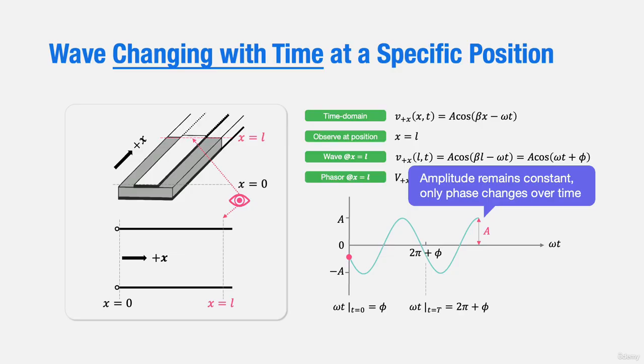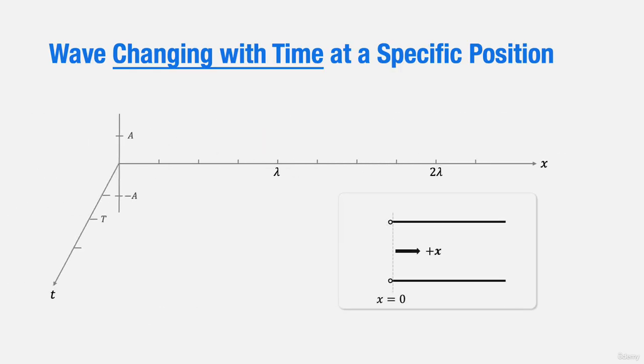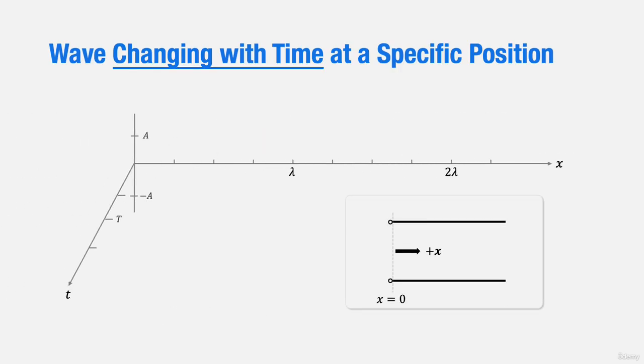Instead, it is the phase of the wave that changes with time as cosine omega t continues to rotate with time. We can now create a 3D diagram to better understand the wave propagation. The x-axis represents the position on the line, with the scale of each cell as a quarter wavelength.